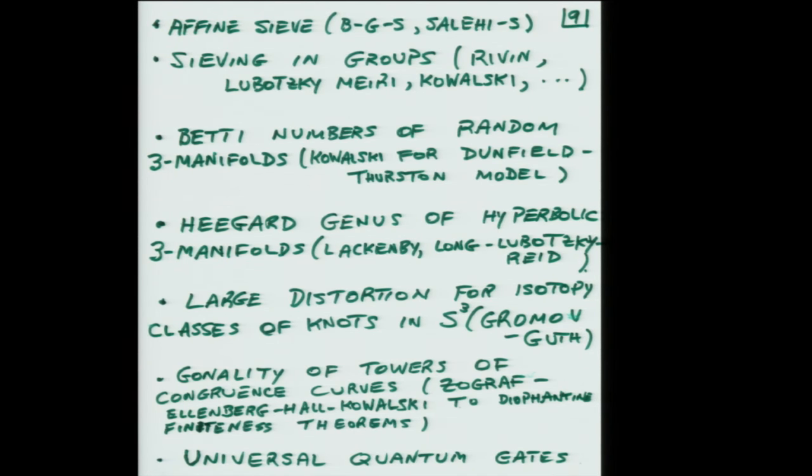Similarly, if you take curves constructed as towers, which may or may not be defined through congruences, and this comes up in monodromy all the time, you want to know what the gonality of this curve is. Now it sounds similar to the three-manifold situation. If I give you a complex Riemann surface, what's the minimum degree cover by which it can be realized over P1? By Riemann-Roch, if it's genus g, it's at most g plus 1, and the gonality is the minimum degree.